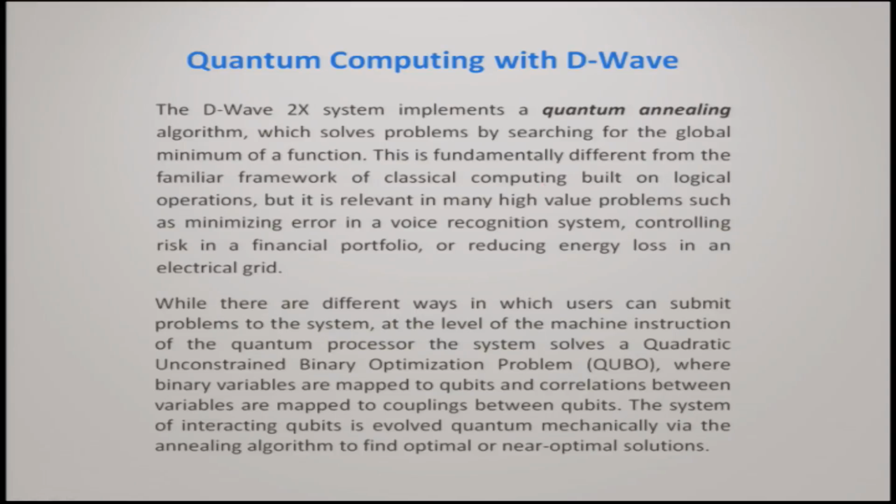In terms of computing with this kind of DWave computer, the system implements a quantum annealing algorithm, which solves problems by searching for the global minimum of a function. This works on a different principle from many of the processes that we have been discussing earlier, and it is fundamentally different from the familiar framework of classical computing built on logical operations, but it is relevant in many high value problems such as minimizing error in a voice recognition system, controlling risk in a financial portfolio, or reducing energy loss of an electrical grid.